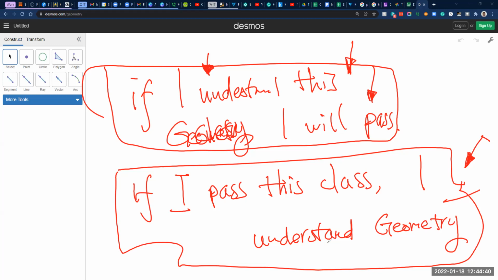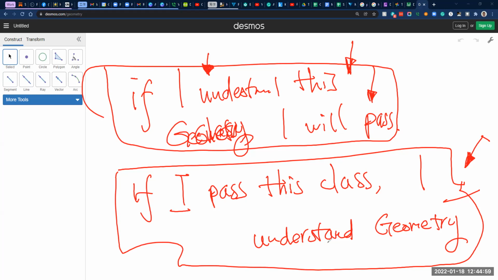They will think the converse is always true. But when we learn geometry, we learn that the converse is not necessarily true. Therefore, we have to prove it.